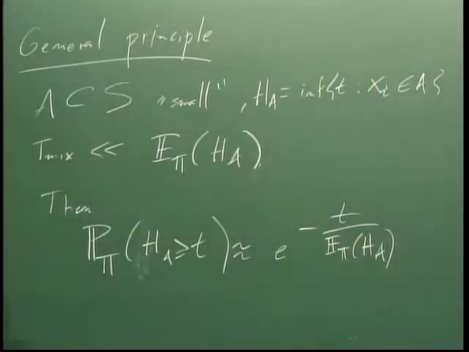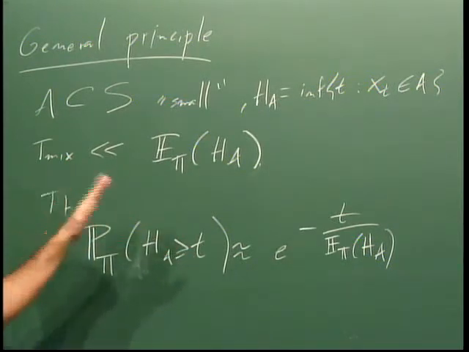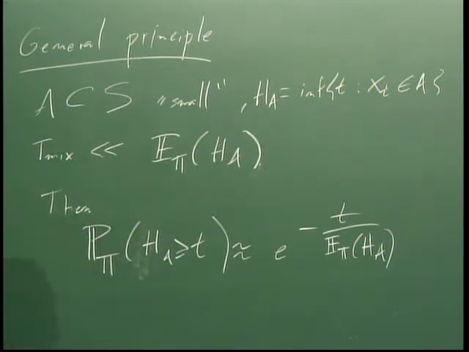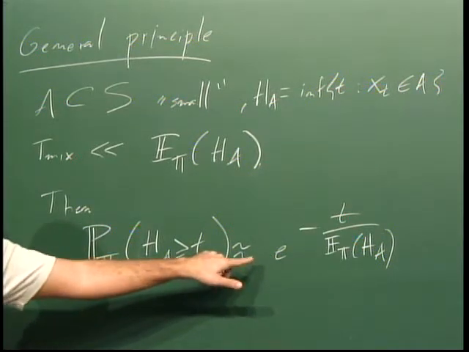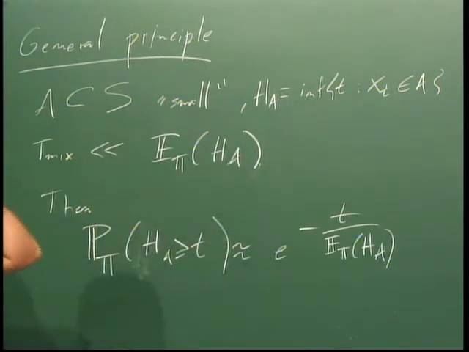So this is the general principle. It's not only a principle, it's a theorem, right? There are various versions of this due to Aldous and Brown, and I guess a bunch of others. But I'll mostly be interested in quantitative versions where you have control of what's happening over here.